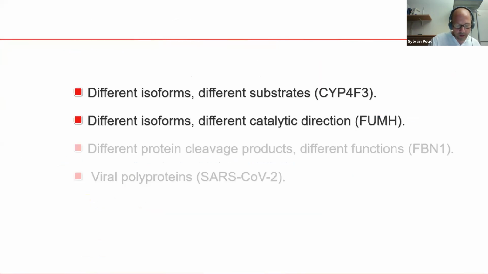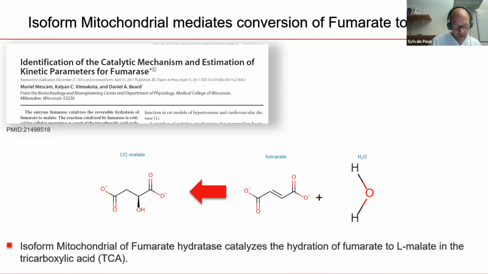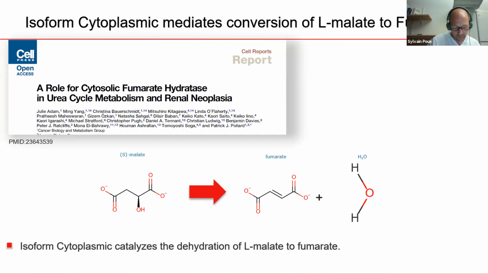The second example concerns isoforms that can catalyze a reaction in a different direction, as is illustrated by fumarate hydratase. In this case, the mitochondrial isoform catalyzes the hydration of fumarate to L-malate in the Krebs cycle, while the cytoplasmic isoform mediates the opposite direction and catalyzes dehydration of malate to fumarate.